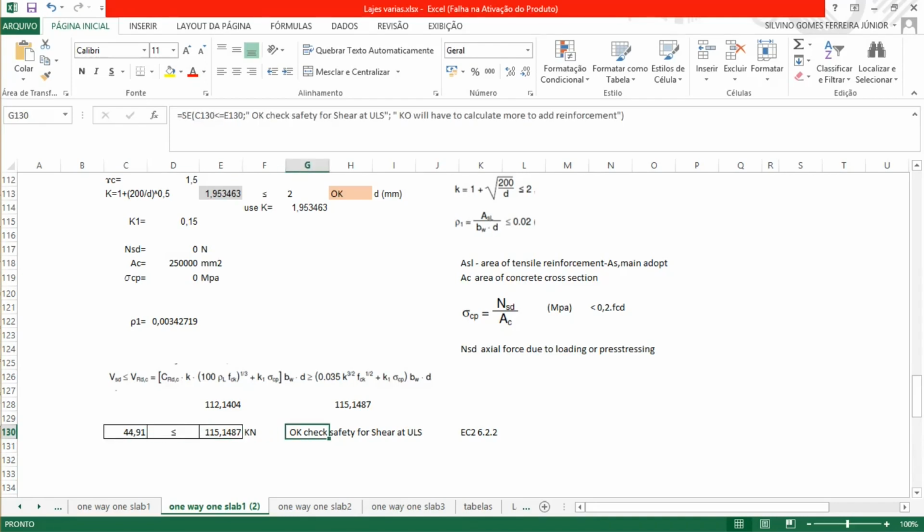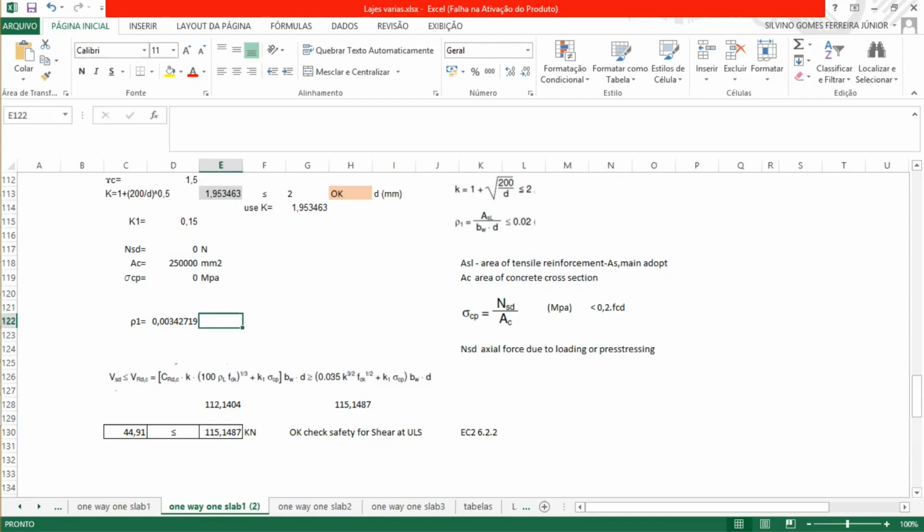When we compare, this one is smaller than this one, so it checks for shear at the ultimate stage. And before that, the rho that we calculated here gives us 0.003. Always when it gives us this, it's less than 0.02.